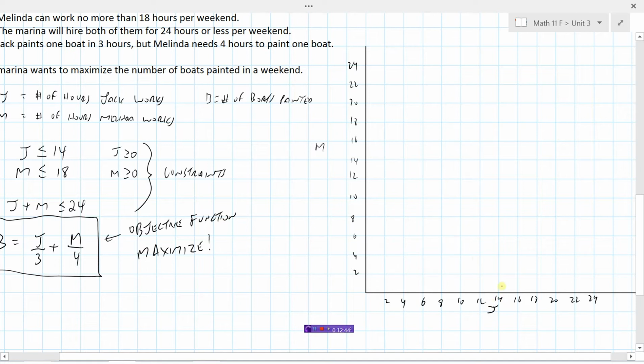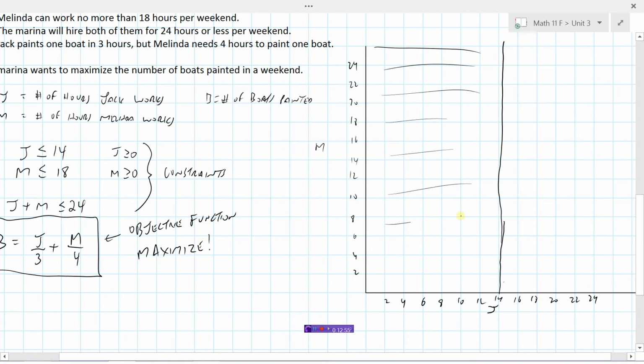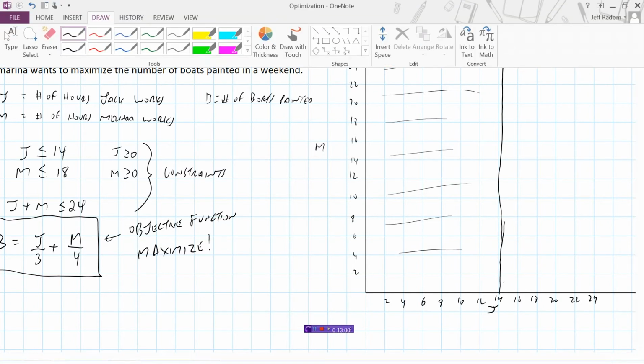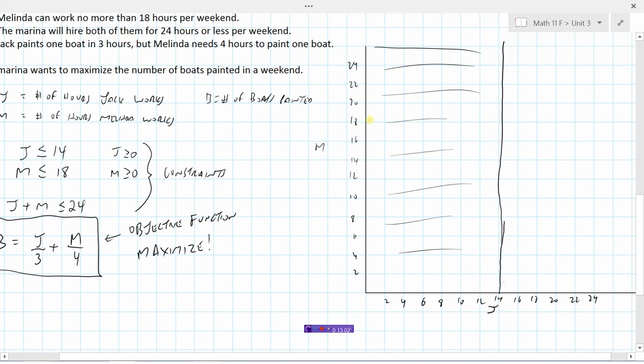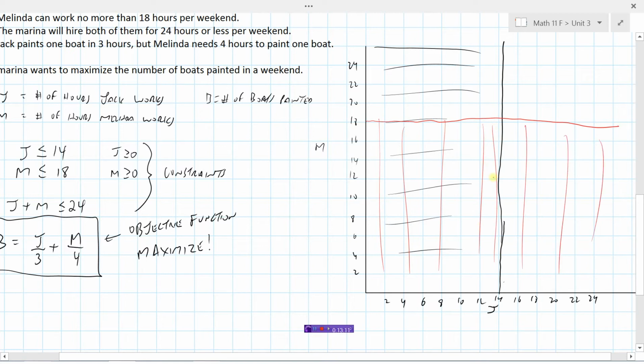So here's J. Here's my 14 line. So less than or equal to 14 would represent all of these points here. And M less than or equal to 18. Let's get some different colors on here. Here's 18. This is M less than or equal to 18. So far we're looking at this box right here. This is the box that's working, where both of them are shaded.